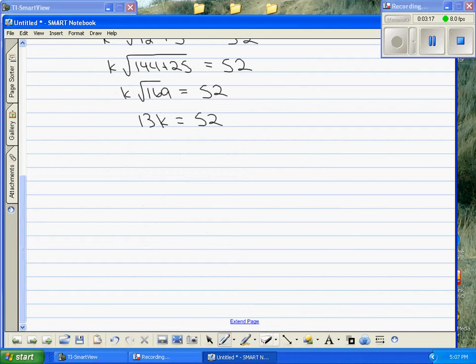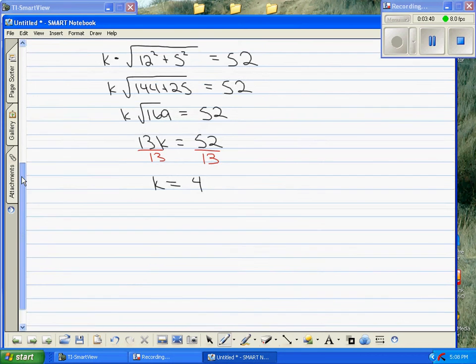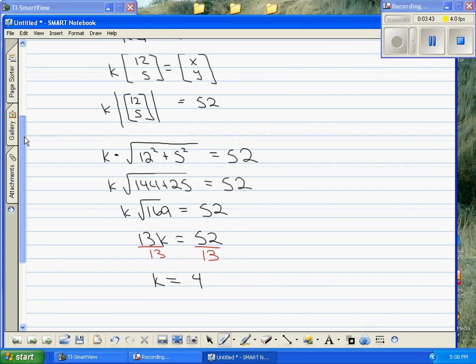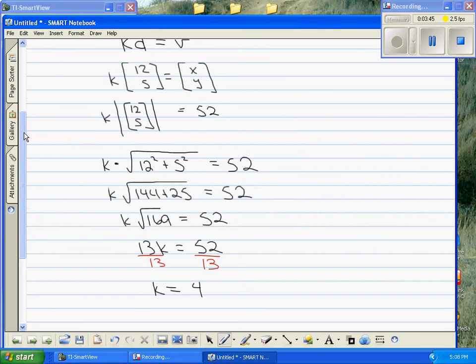Simplifying this problem, dividing both sides by 13, k is going to equal 52 divided by 13, which is 4. So now I know what k is. K is 4. Now if I scroll all the way back up to my work, if k is 4, I could plug it into this equation right here.